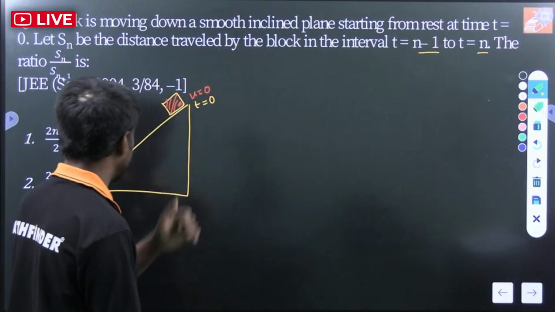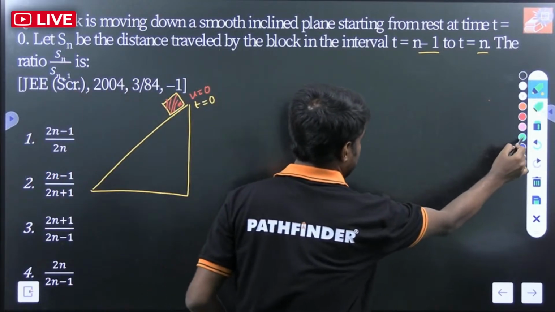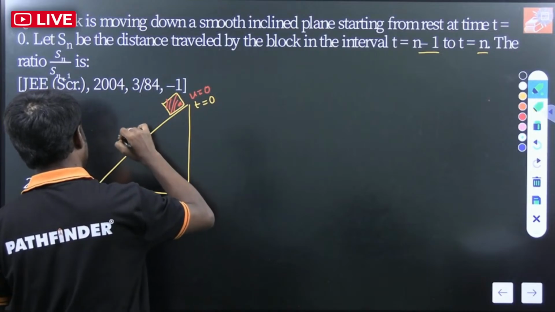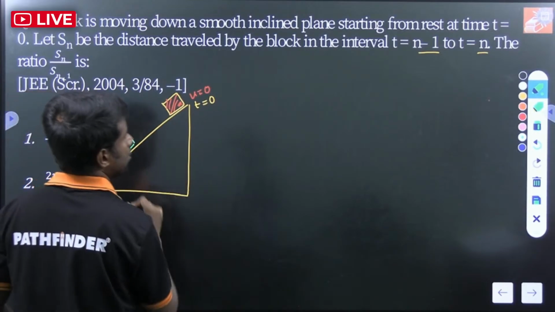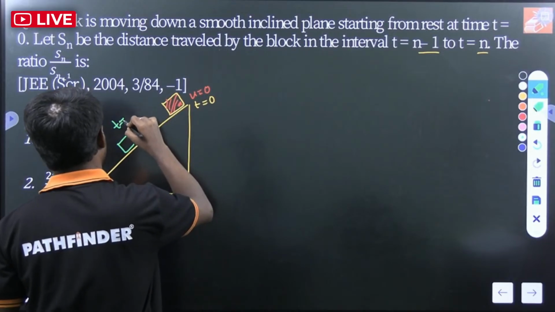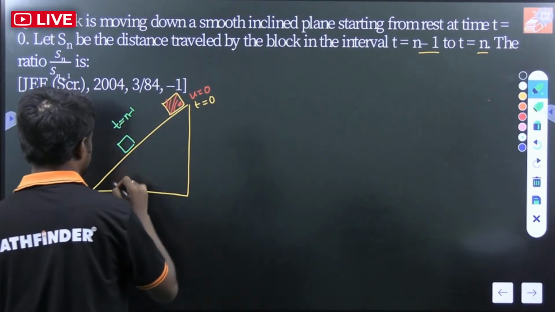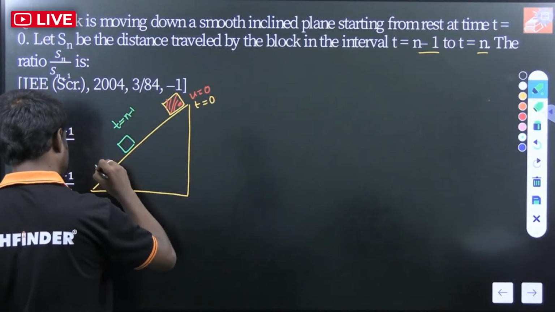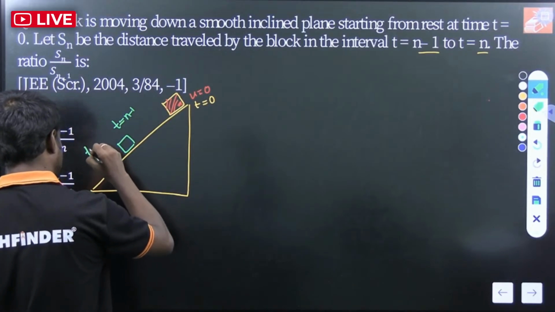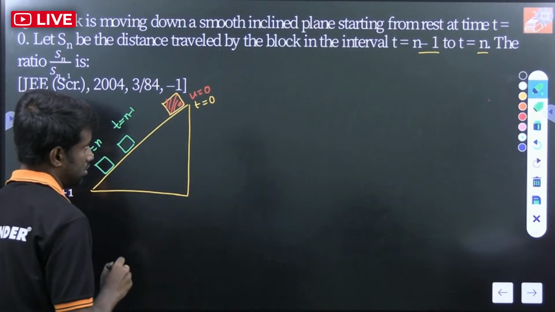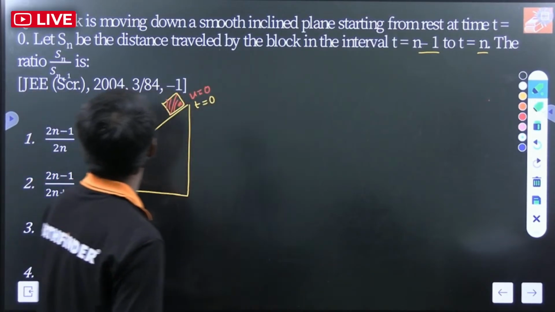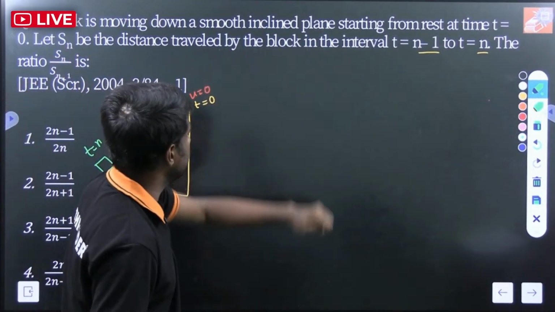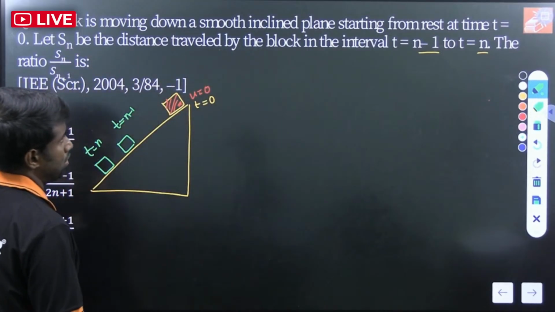Suppose at time t equal to n minus 1 the block is here, then after some time, at t equal to n, it reaches here. So they said that Sn is the distance traveled by the block in the interval t equal to n minus 1 to n.